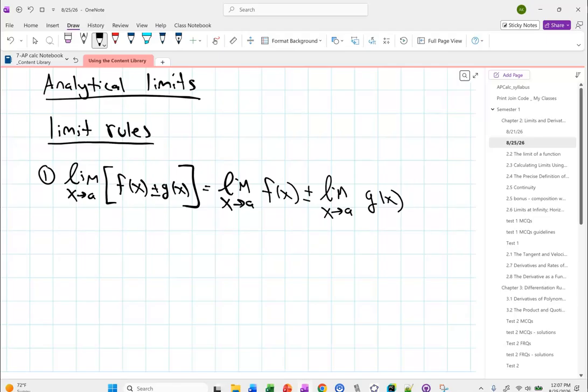Consolidate that to one statement. So you can distribute a limit across addition or subtraction. That's what that statement is saying, right?